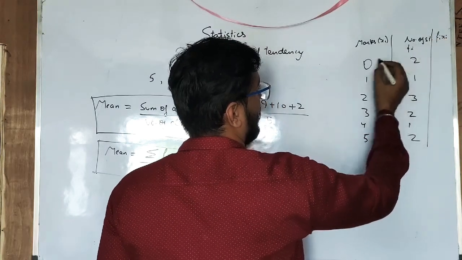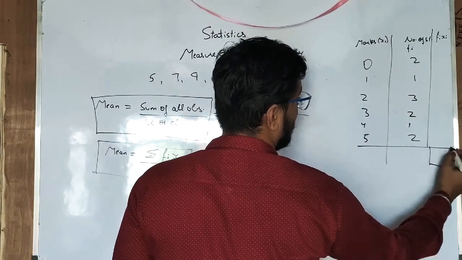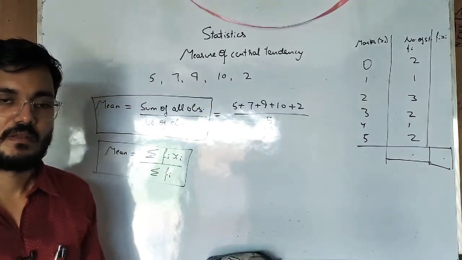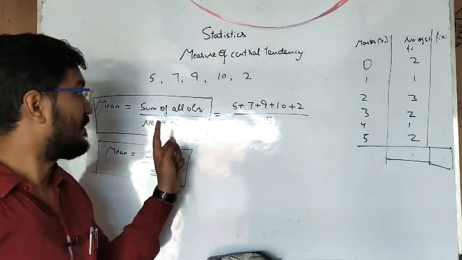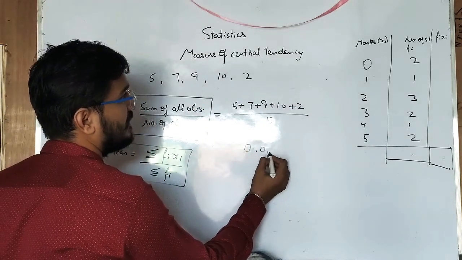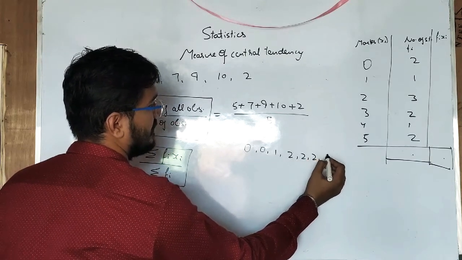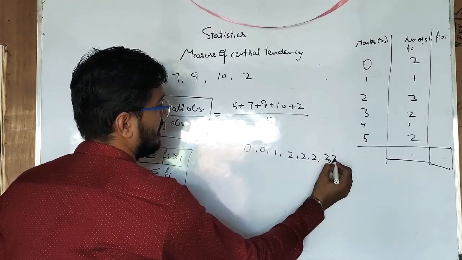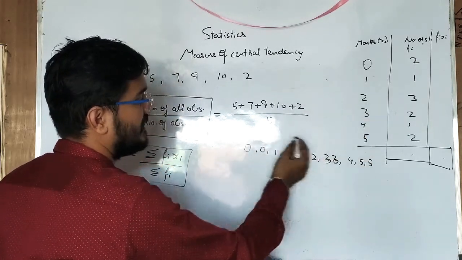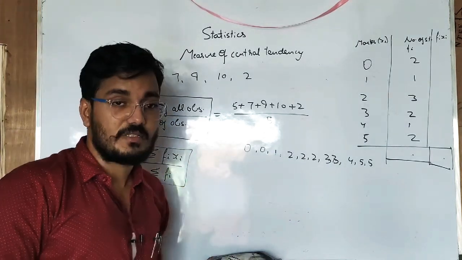When we multiply, we get the values, and the total of this column and the total of fi, when divided, give the mean. It means 0 marks 2 times, 1 mark 1 time, 2 marks 3 times, 3 marks 2 times, 4 marks 1 time and 5 marks 2 times. So it is the same formula, the sum of all observations. I hope it is clear.